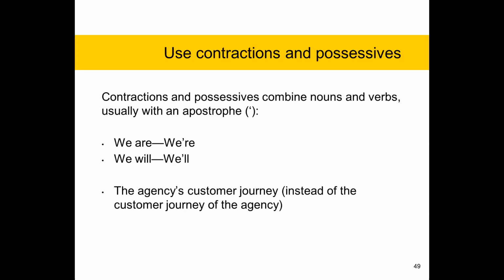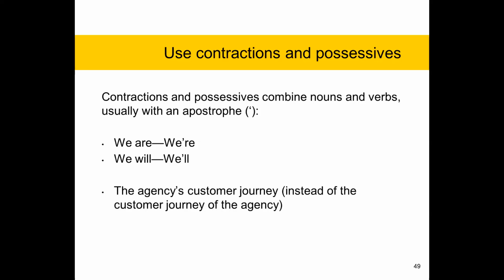And also, speaking as a person who's very recently seen a lot of prepositional phrase problems, not problems, it just seemed to make the sentence much longer than it needed to be. You can also combine that. If you say a long prepositional phrase like customer journey of the agency, that is perfectly grammatically correct.